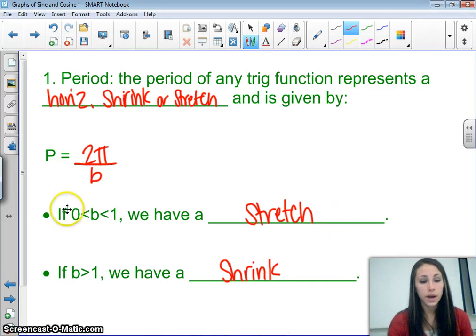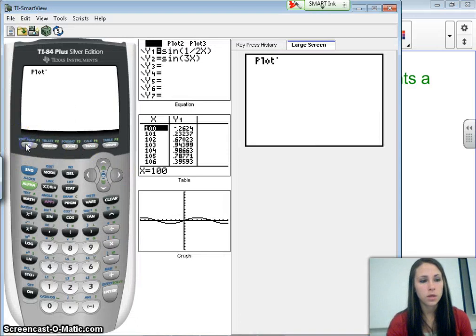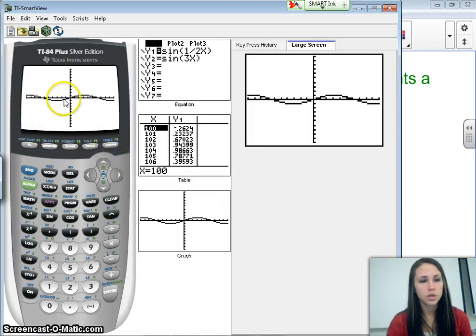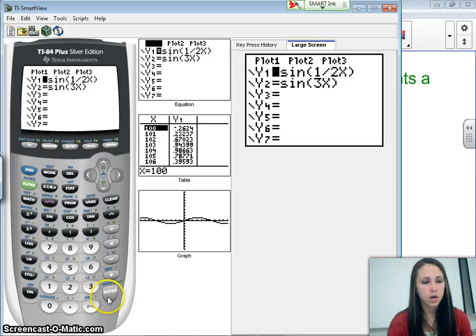Alright, so I'm going to graph a couple of these functions on the calculator just so you can see what a value less than 1 will do and what a value greater than 1 will do. In my calculator right now, I've got sine of 1/2 x. When I graph this one, you can see that the period's no longer going to be 2 pi. I've stretched this out, so the period changes. Now I'm going to turn this one off and turn this one back on.